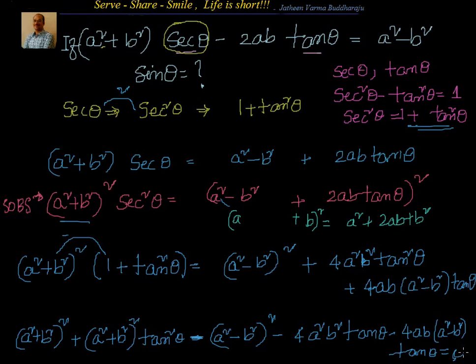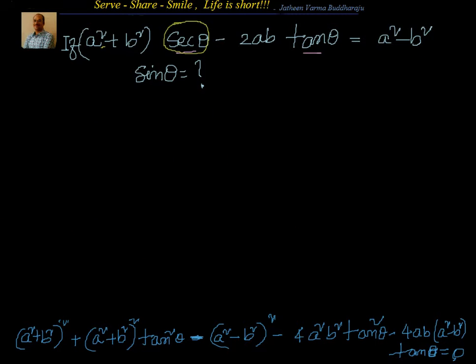I hope you are okay with that last step. What we have done, we have moved everything to the left hand side and equated to 0. (a square plus b square) whole square plus (a square plus b square) whole square tan square theta minus of (a square minus b square) whole square minus 4a square b square tan square theta minus 4ab into (a square minus b square) tan theta equal to 0. Let's go to the next.